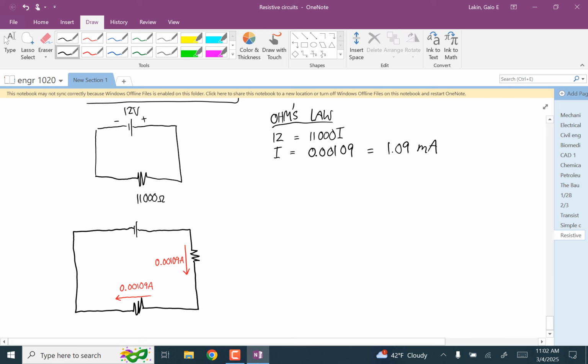So for the 10,000, the voltage across the 10,000 ohm resistor is 10,000 times 0.00109. And so you get 10.909 volts.